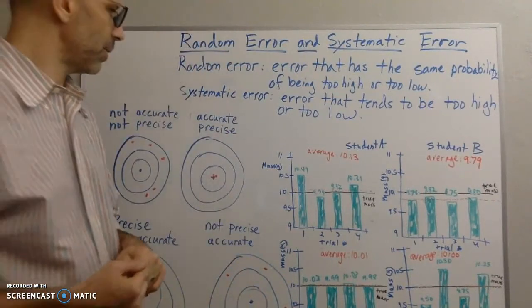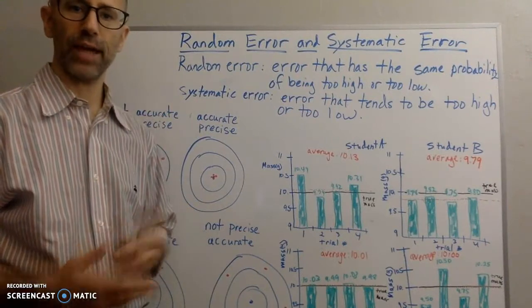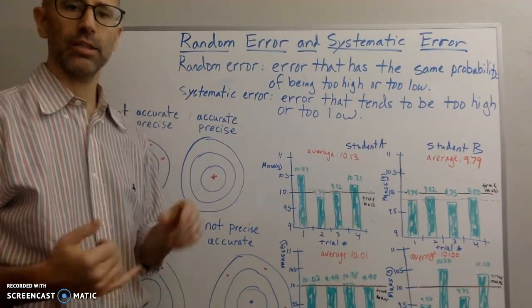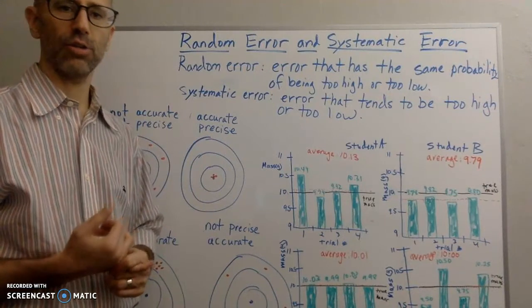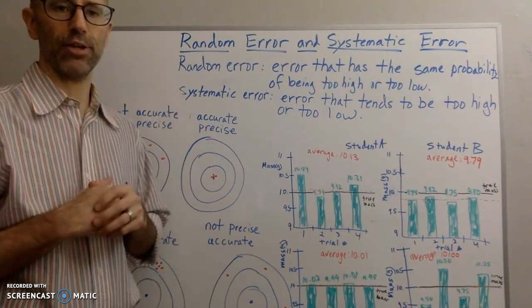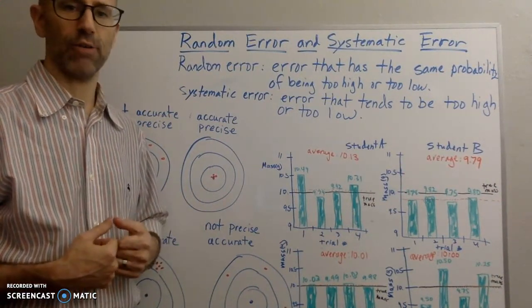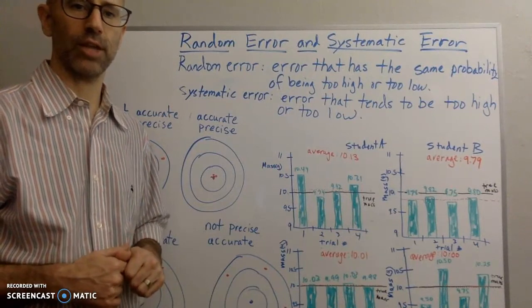Okay. That's pretty much all I wanted to talk about with regard to random error and systematic error. Systematic error is usually an error where you tend to give too high values or values that are too low, and that's something you can't average out. It's something you've got to fix in the machine itself or the tool.